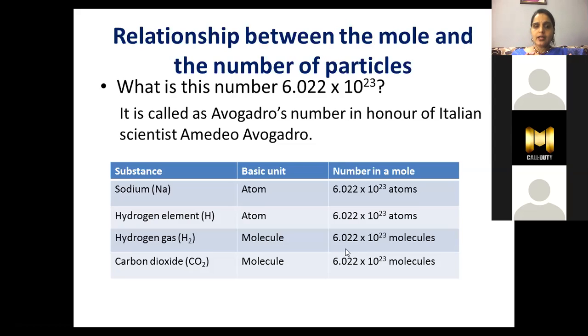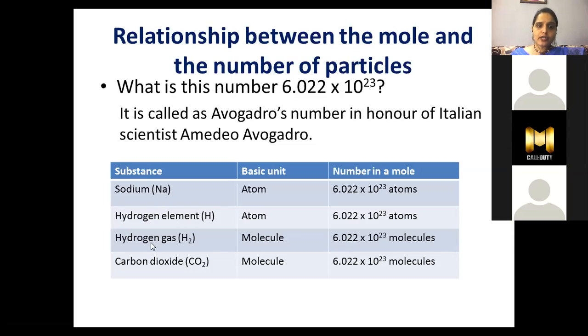It means that hydrogen gas exists as a diatomic molecule, and its basic unit is a molecule. So when I say I have 1 mole of hydrogen gas, it implies I have 6.022 into 10 raised to 23 molecules of hydrogen gas.